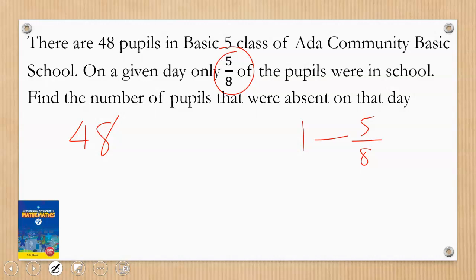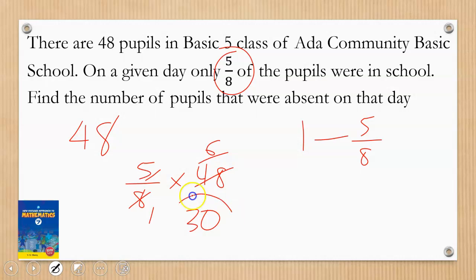So let me do this. Let's do 5/8 times 48 people in the class. Straight away, we know we can divide 8 by itself as 1, and 8 can divide 48 as 6, because 8 times 6 is 48. Now, if I multiply 5 times 6, that will give me 30, right?